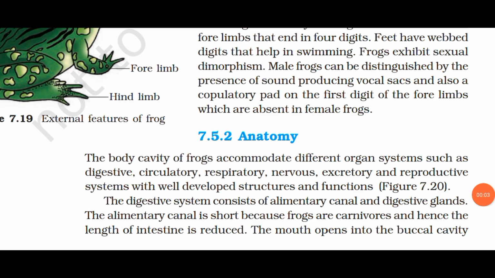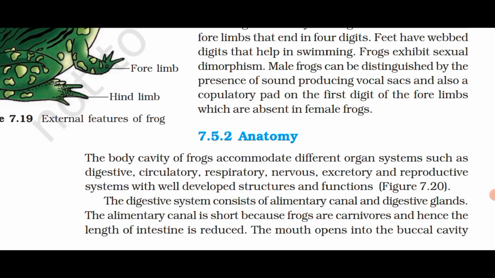7.5.2 Anatomy. The body cavity of frogs accommodates different organ systems such as digestive, circulatory, respiratory, nervous, excretory, and reproductive systems with well-developed structures and functions. The digestive system consists of the alimentary canal and digestive glands. The alimentary canal is short because frogs are carnivores and hence the length of the intestine is reduced.